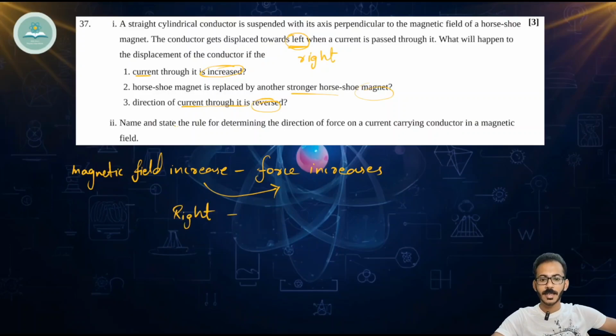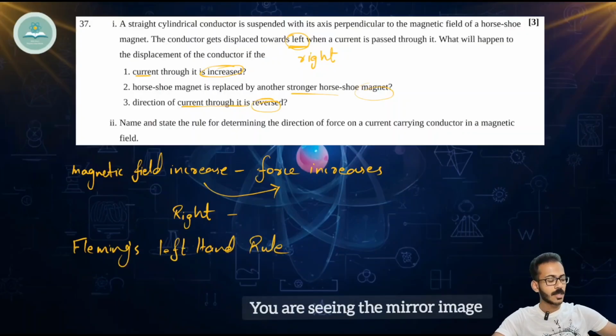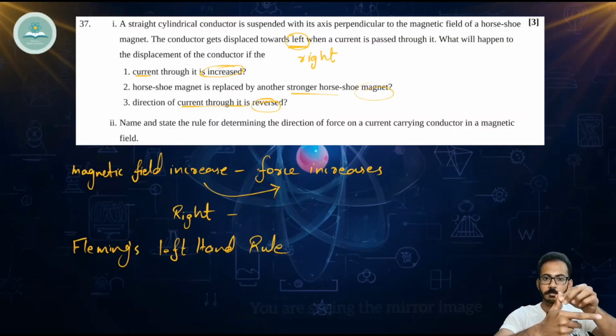Next one, name and state the rule for determining the direction of force on a current carrying conductor in a magnetic field. That is Fleming's left-hand rule. Fleming's left-hand rule states that hold all the three fingers, that is your middle finger, your index finger and your thumb in such a way that all the three are mutually perpendicular to each other.